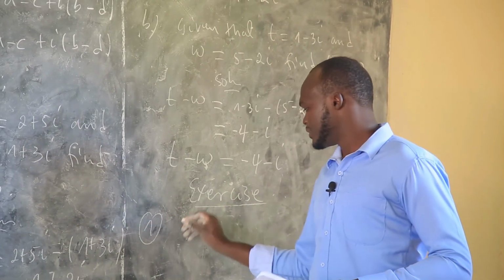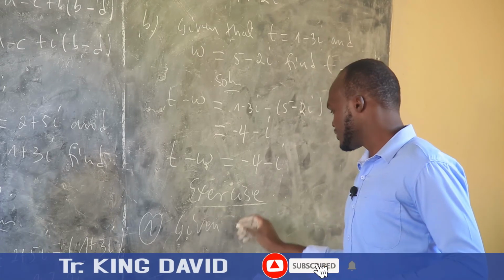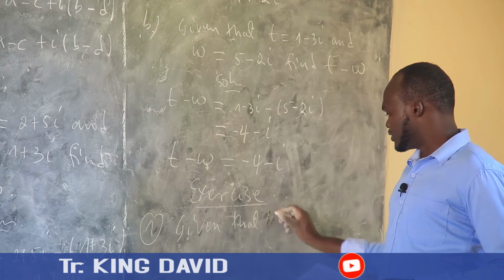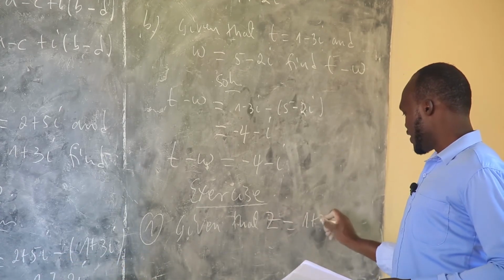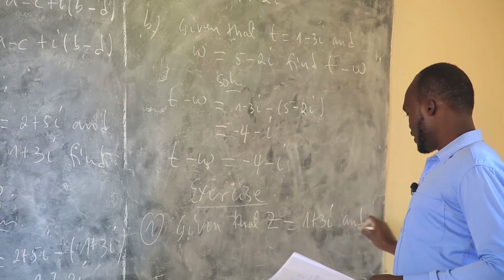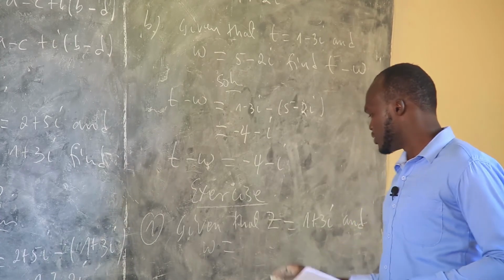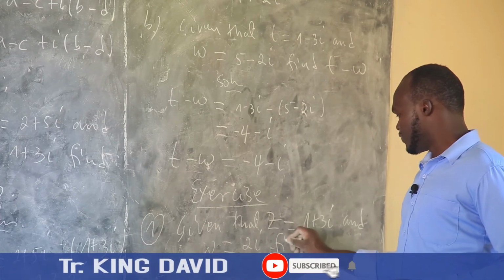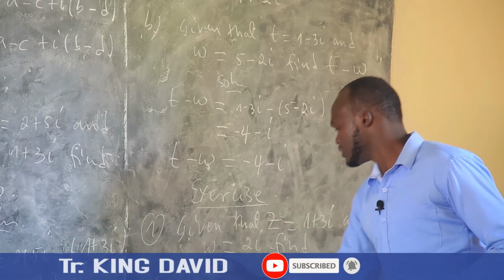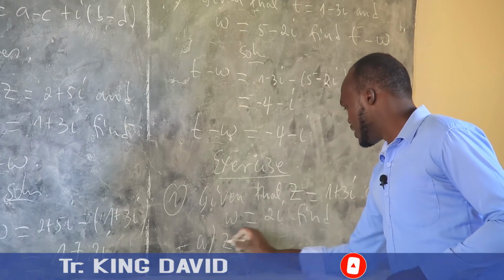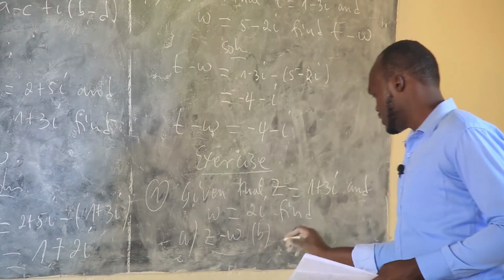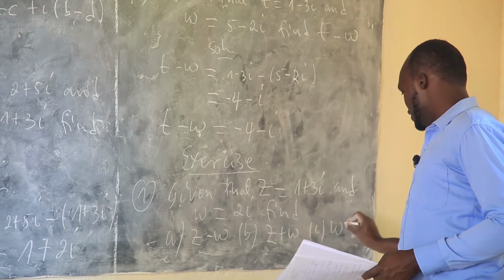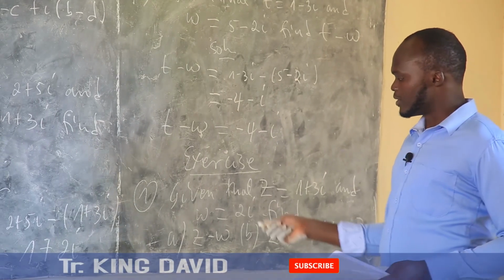Exercise number 1: given that z equals 1 plus 3i and w equals 2i, find a, z minus w, b, z plus w, c, w minus z.